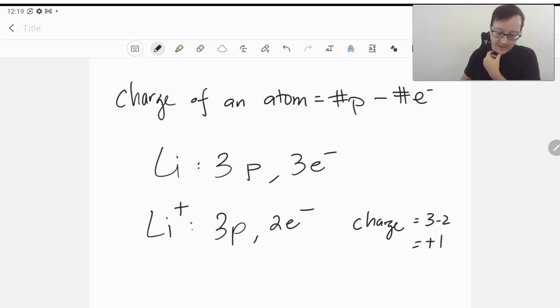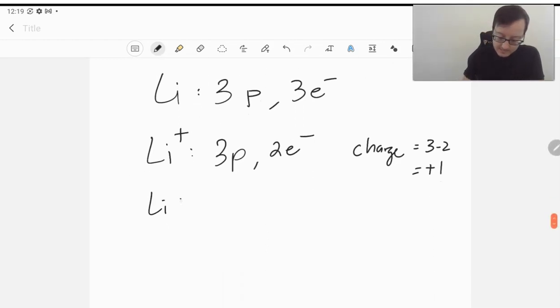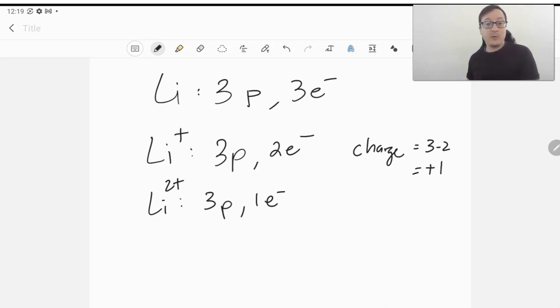And so we'll indicate that by putting a plus next to the element's symbol. We'll write a single plus. We don't need to write the 1. That's not something we do in chemistry. We like to abbreviate. And if we had something that had 1 electron only, which is unlikely, it would be a 2+ ion.